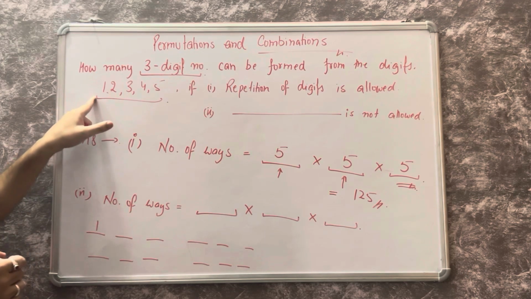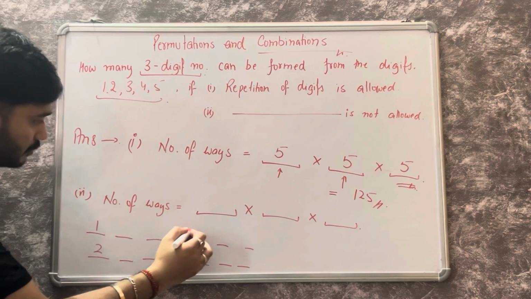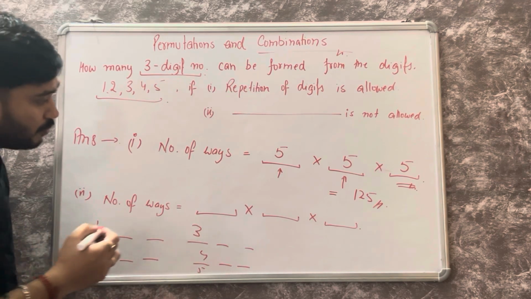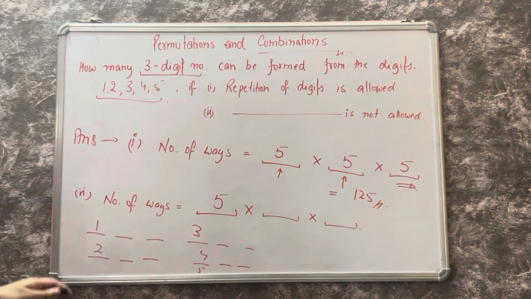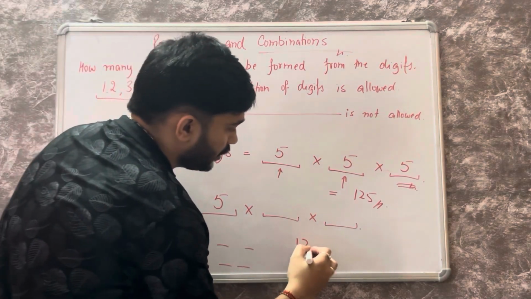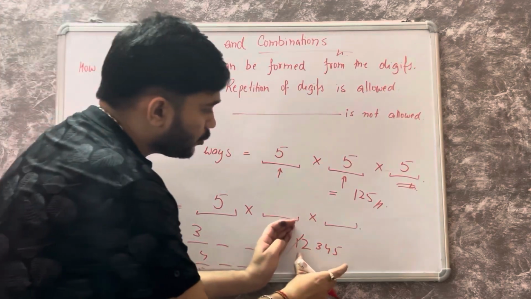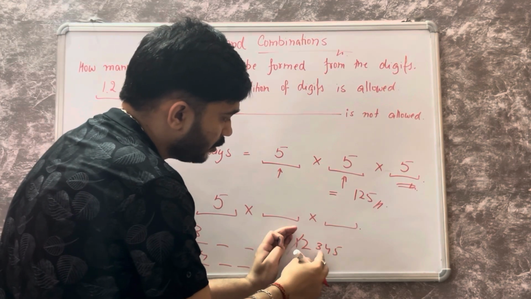So how many numbers can you write at the first spot? You can write 1, 2, 3, 4 or 5. So you are going to write here 5 digits. Now since you cannot repeat these numbers, let us assume that you have the numbers 1, 2, 3, 4, 5 and you have already written 1. So the number of possibilities for the 10th position are 1, 2, 3, 4.